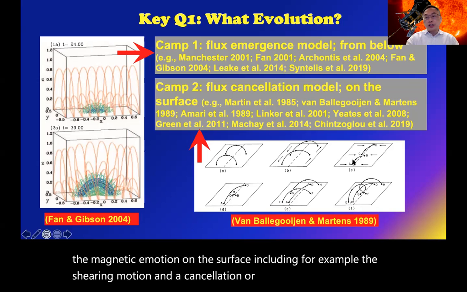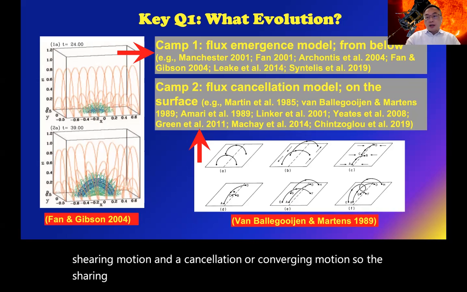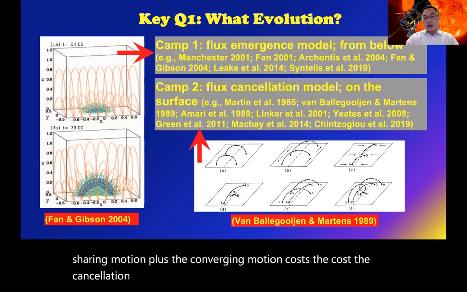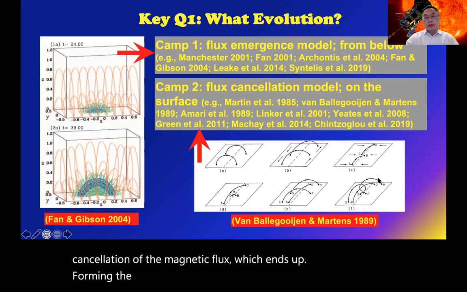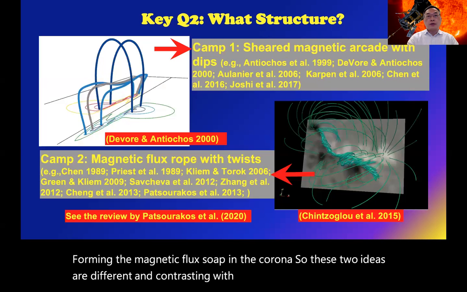The shearing motion plus the converging motion cause the cancellation of the magnetic flux, which ends up forming the magnetic flux slope in the corona. So these two ideas are different and contrasting with each other for question number one.